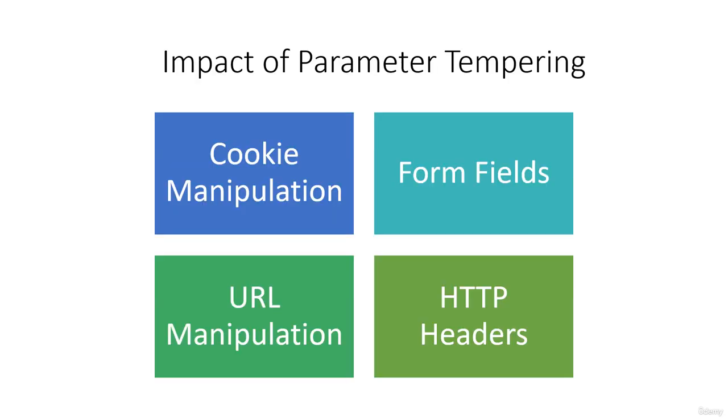So, now let's talk about the impact of parameter tampering. Parameter tampering can be performed in several ways, resulting in data disclosure to server-side attacks. A cookie is a small piece of information usually created by the web server and stored on the client. Cookies are used as a convenient mechanism to store user preferences and other data, including session tokens.